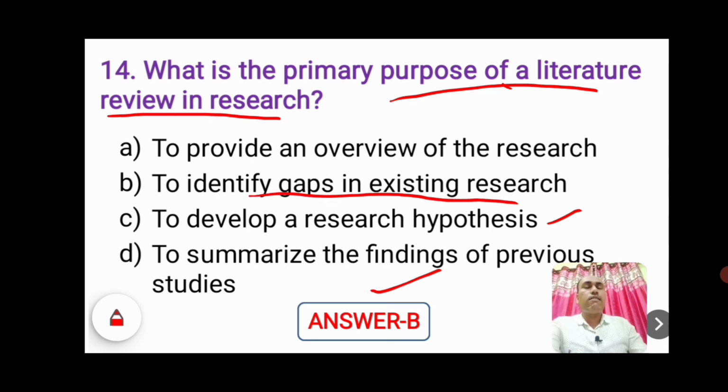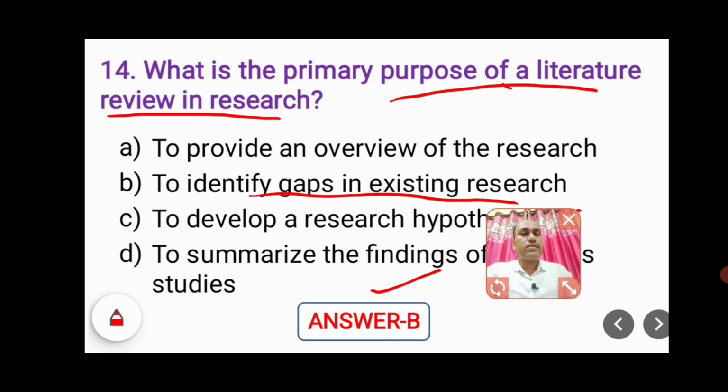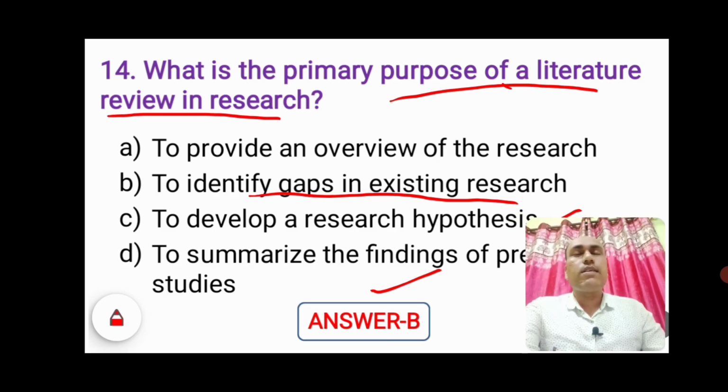This is the primary purpose of literature review, because whenever you are reviewing any literature, you are finding the gaps in existing research. Suppose you are doing research and somebody else has done research related to your topic before. So you can find the gaps, the loopholes in that research, and you can proceed accordingly. So literature review is quite necessary for that. So it is the primary purpose of literature review.